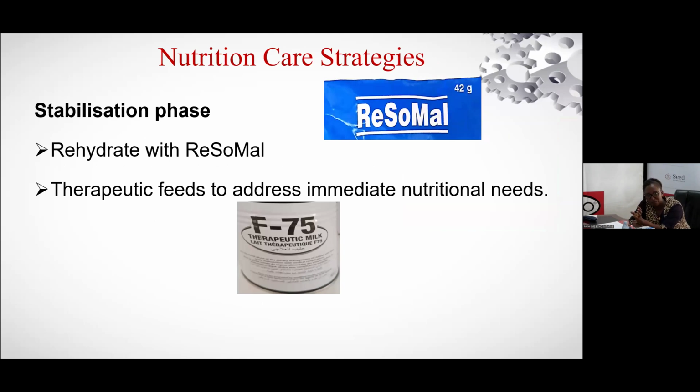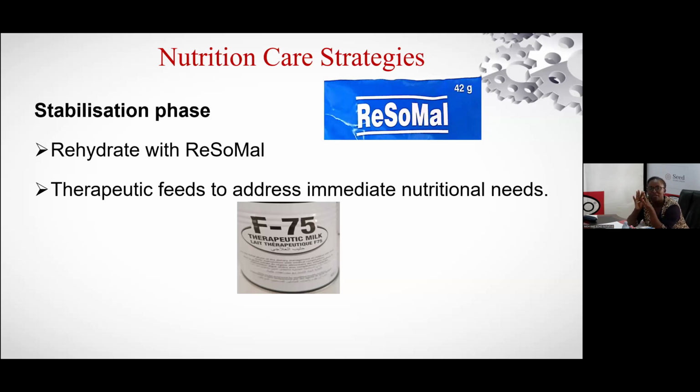In the stabilization phase, if the child has diarrhea, we are going to give ReSoMal. And ReSoMal should not be given freely, because you don't want to overwhelm the system. During the stabilization phase, their systems are still weak. So you give ReSoMal when they have watery diarrhea or abnormally loose stools.